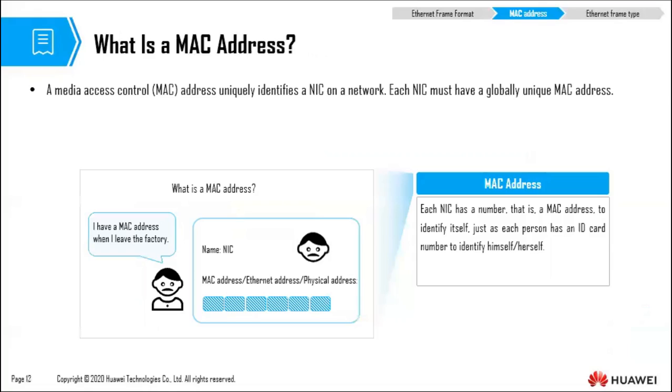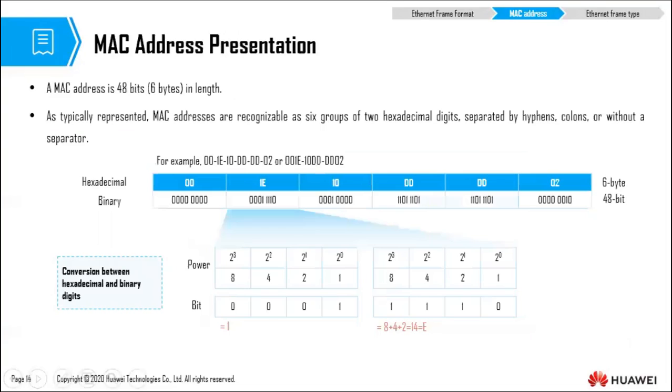Okay. So the media access control uniquely identifies a NIC on a network. Each NIC must have a globally unique address. Oh, sorry. Okay, so this is the format of a MAC address. Normally, the MAC address is made up of 48 bits.